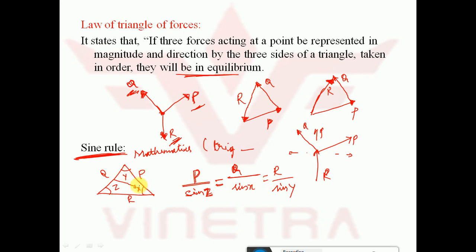P divided by sine Z is equal to Q divided by sine X is equal to R divided by sine Y. See here what we are doing in the sine rule: a side is divided by the sine of its opposite angle. For P, Z is the opposite angle, for Q, X is the opposite angle, and for R, Y is the opposite angle.